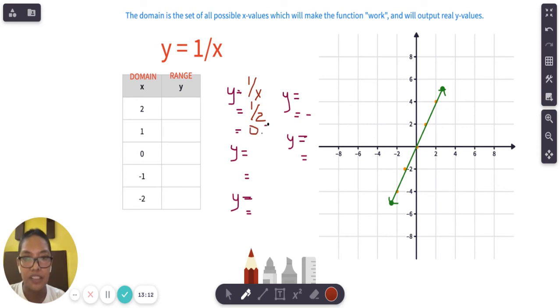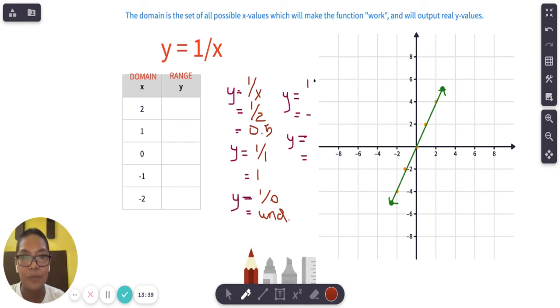Makitin nyo lang po sa calculator kung hindi nyo po maisip. 0.5 yan. So, y? 1 over 1 is 1. Tama? 1 over 0, ito na po yung sinasabi ko, yung rule. 1 over 0 is cannot be or undefined. Undefined po yan.